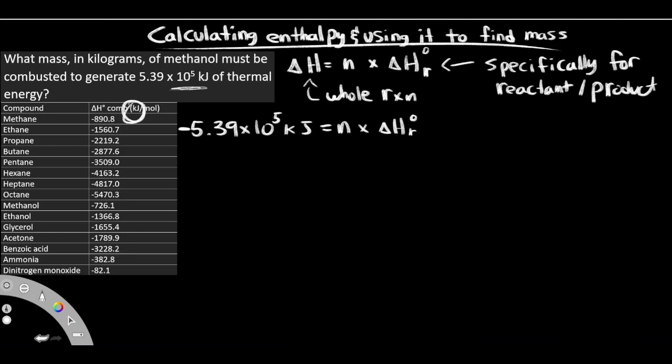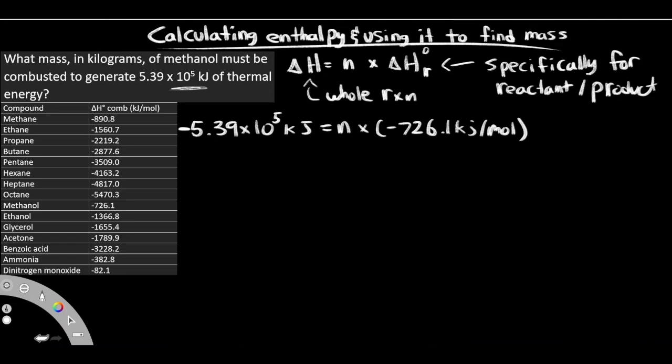It's releasing that much kilojoules of energy. That means that our standard molar enthalpy here is going to be that value. Again, it has to be negative because it's releasing energy. Negative 726.1 kilojoules per mole of the compound in question, and that would be methanol.